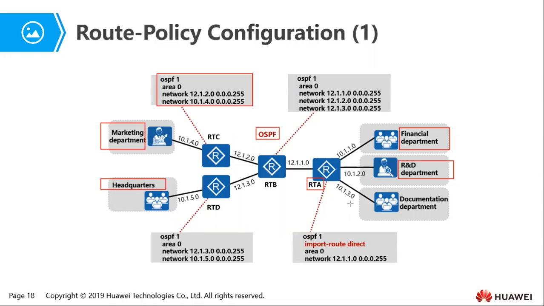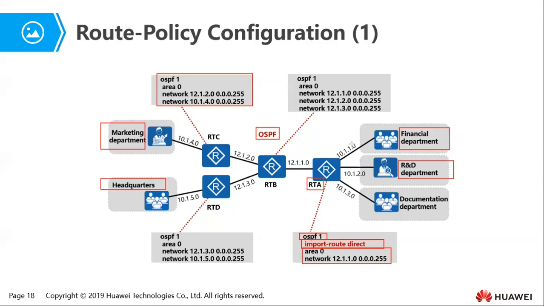We want to import them. So we go into OSPF 1, then we use the command import-route direct. Any network that has not been advertised in OSPF area 1 will be imported as an external route into OSPF.